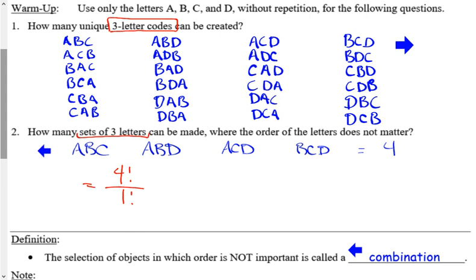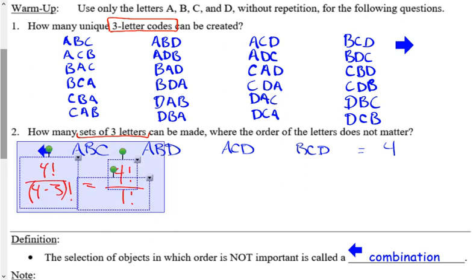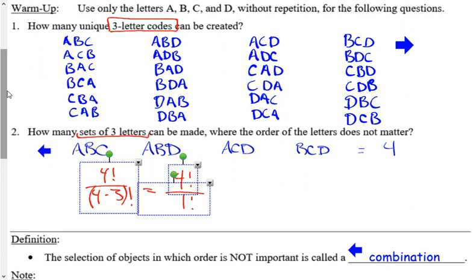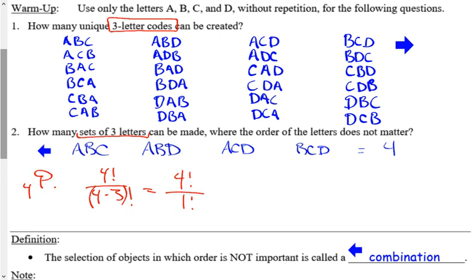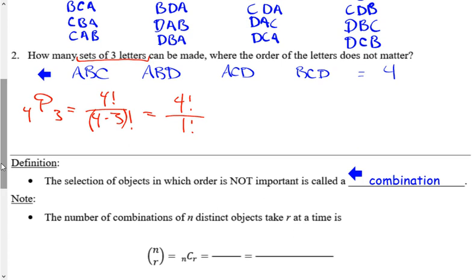So this would be tied to the nPr thing, where I have 4 factorial over 4 minus 3 factorial. And that would be 4P3. Make sense?